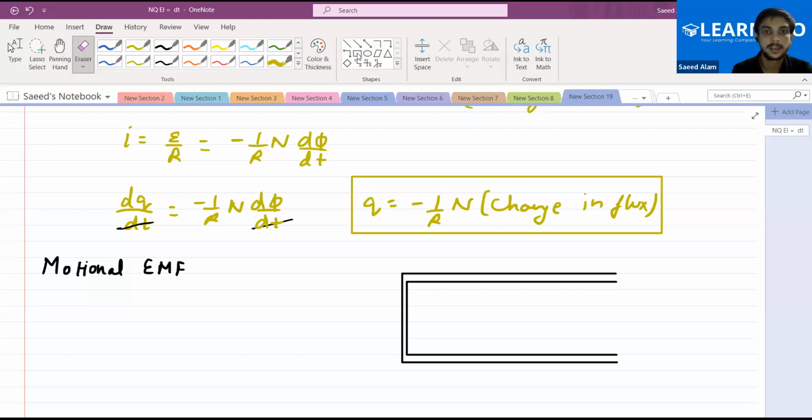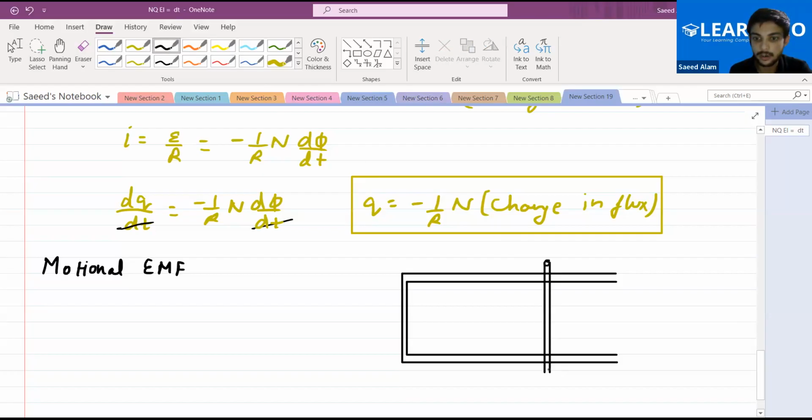Yes or no? Okay. And what is actually there? There is a rod kept somewhat like this. Let me make it with the pen only.